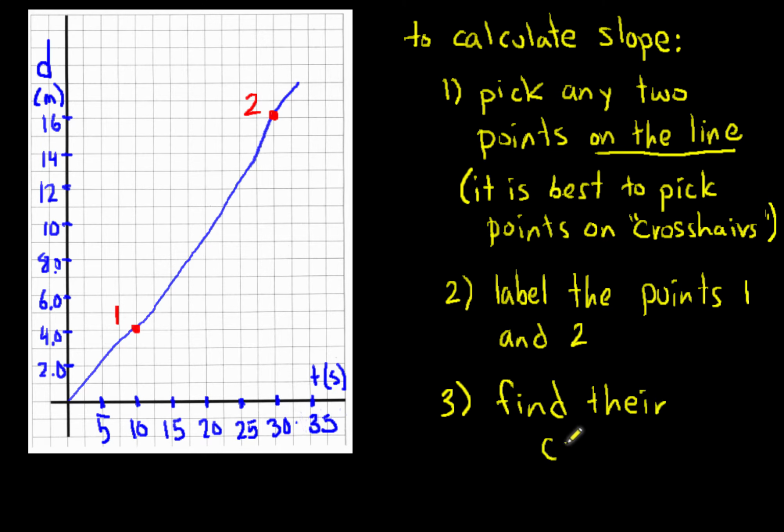Find the coordinates for the 2 points you've chosen. Remember that when we write out coordinates, x is listed first and y is listed second. The coordinates for the second point are 30 and 16, where 30 is the x and 16 is the y value.